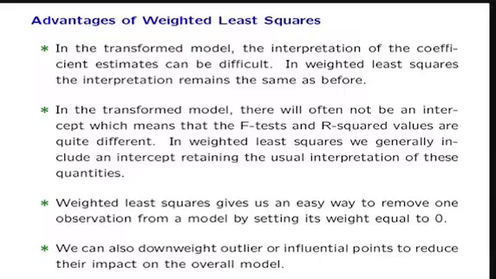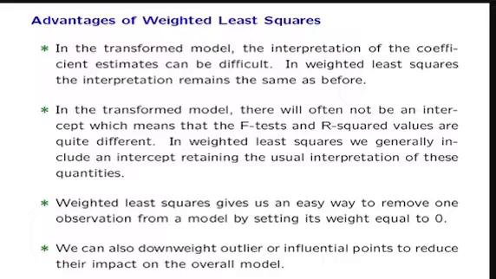Okay. Now, under the disadvantages of the transform model, the interpretation of the coefficients can be difficult. That is what I want you to see when you transform, because even though you solve a problem, the variables are no longer original. Does that make sense? So you have to put that into consideration.